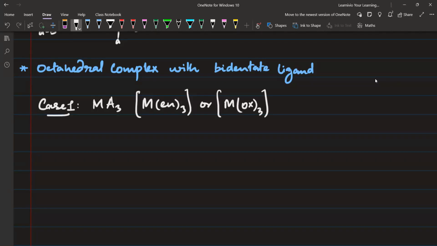So in this case, you have no geometrical isomer, only there are 2 optical isomers. How it is going to look like, please see. We have metal. In octahedral complex, you will be having 4 in the same plane. So एक, I will make it like this.